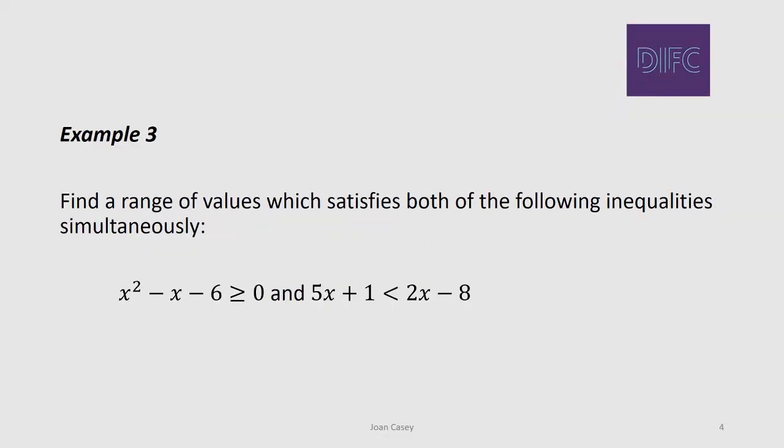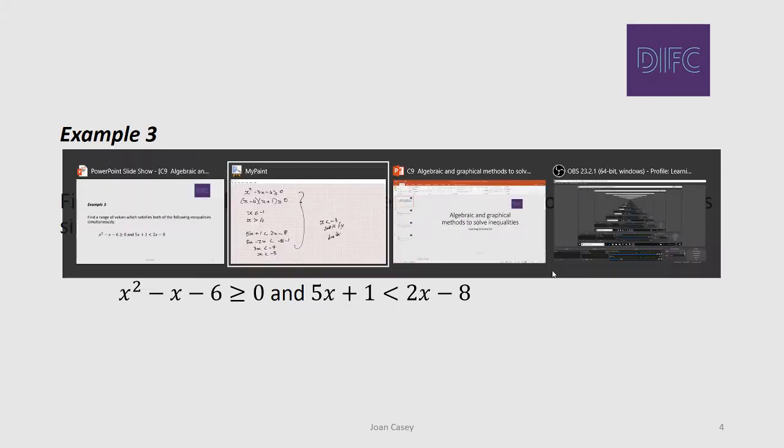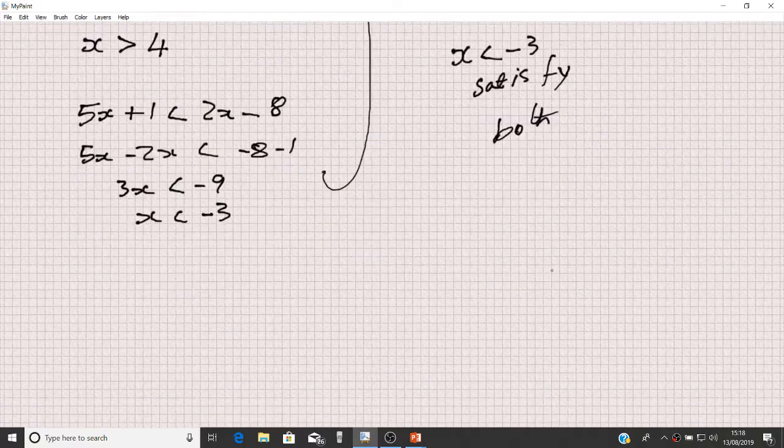The final example: we're looking for a range of values which satisfy both of the following inequalities simultaneously. That's x squared minus x minus 6 is greater than or equal to 0, and the linear one is 5x plus 1 is less than 2x minus 8. We'll take a look at this example on the notepad.